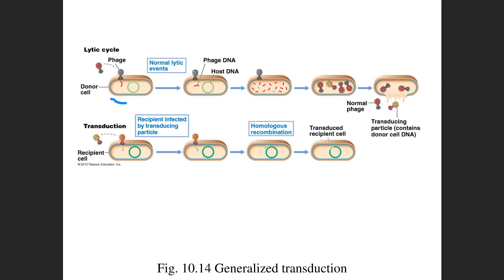when the phage lysis takes place and the host cell is lysed, you will have normal phage, and then you have what's called the transducing particle. It's a phage head that contains the donor DNA, or the bacterial chromosome DNA, right?